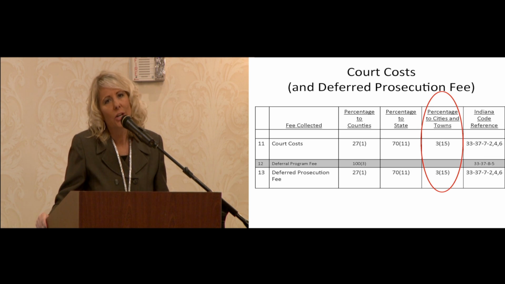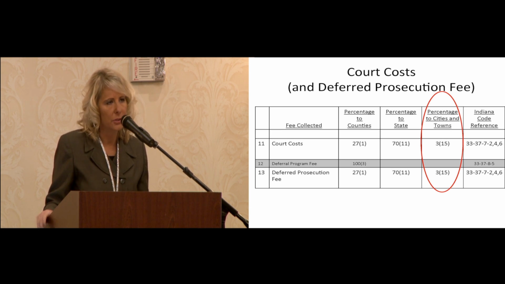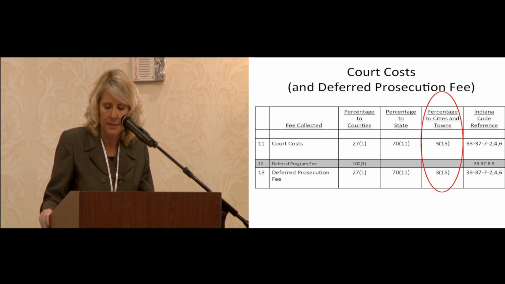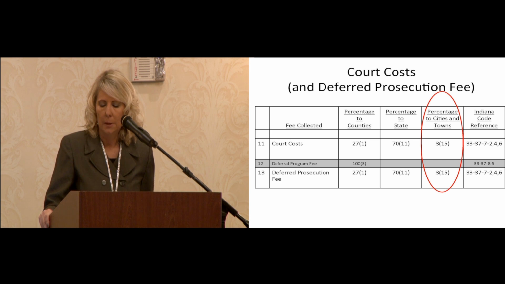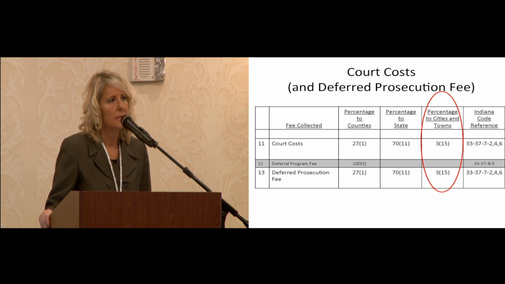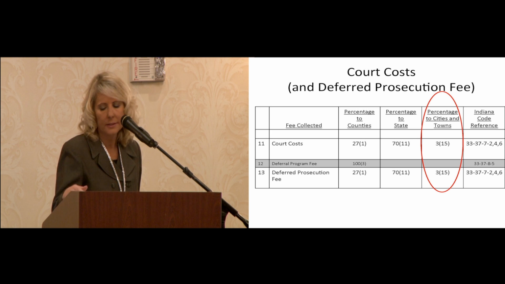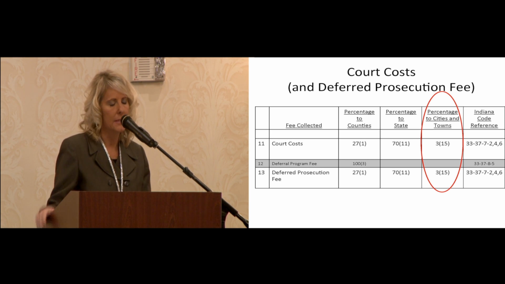There is an Indiana code that tells you, as county auditor, how to distribute these monies to the cities and towns in your county. It's Indiana Code 33-37-7-6. That's one of the codes you see listed in that column. It's not the only one.